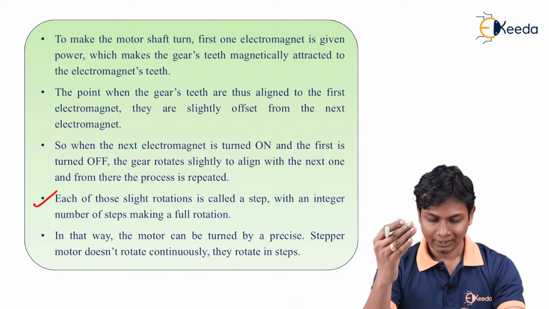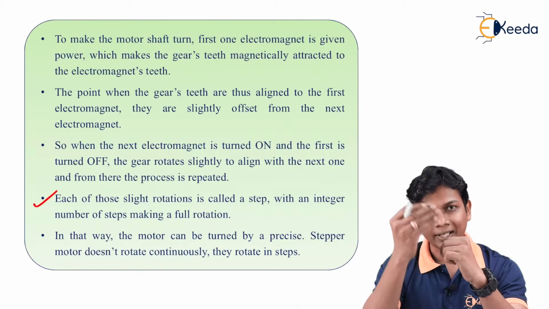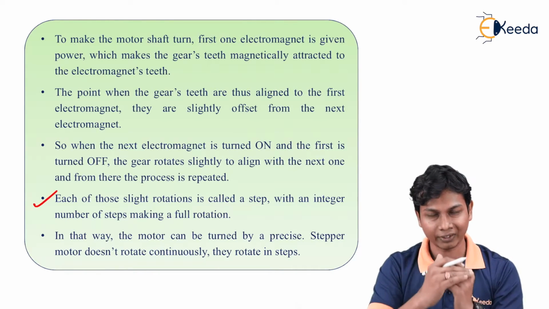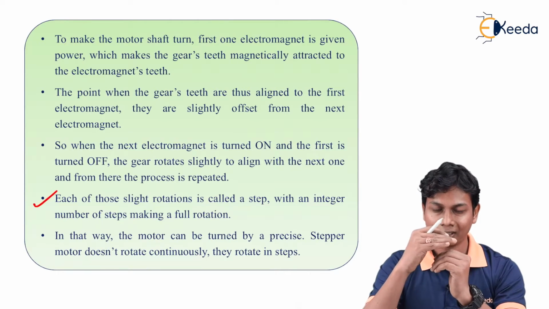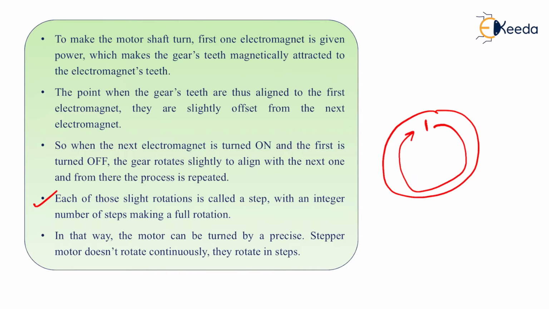Gear teeth and the electromagnets are aligned together. When we apply an external supply to the electromagnets, the gear aligns with the electromagnet, and when it completes one cycle, that is called one step. Depending upon how many steps are completed from one electromagnet, it is called a stepper motor.